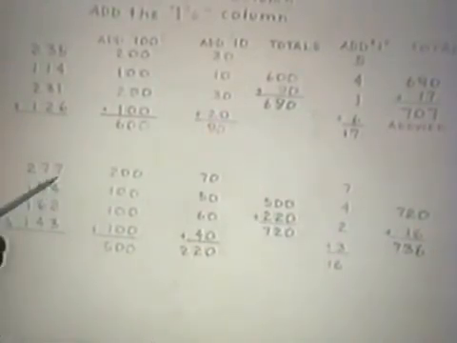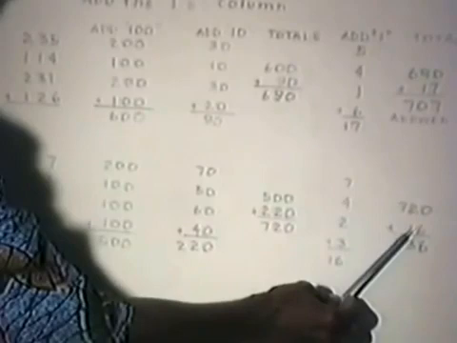Then we add the single digit column. 3, 2, 4, 7 gets 16. We add the 16 to the sum of the tens columns and 100 columns, and we get 736 as our answer. That's addition from left to right. You may want to put it on pause and copy it.